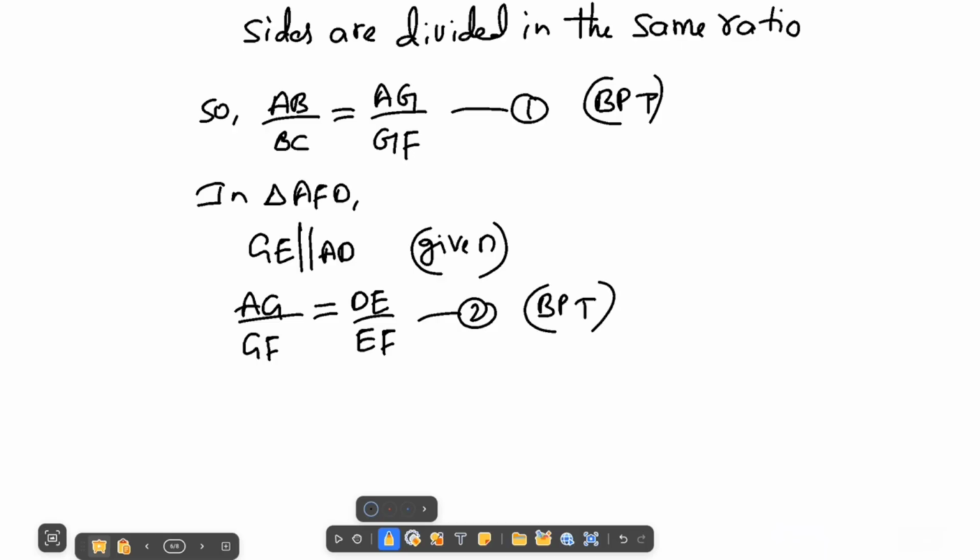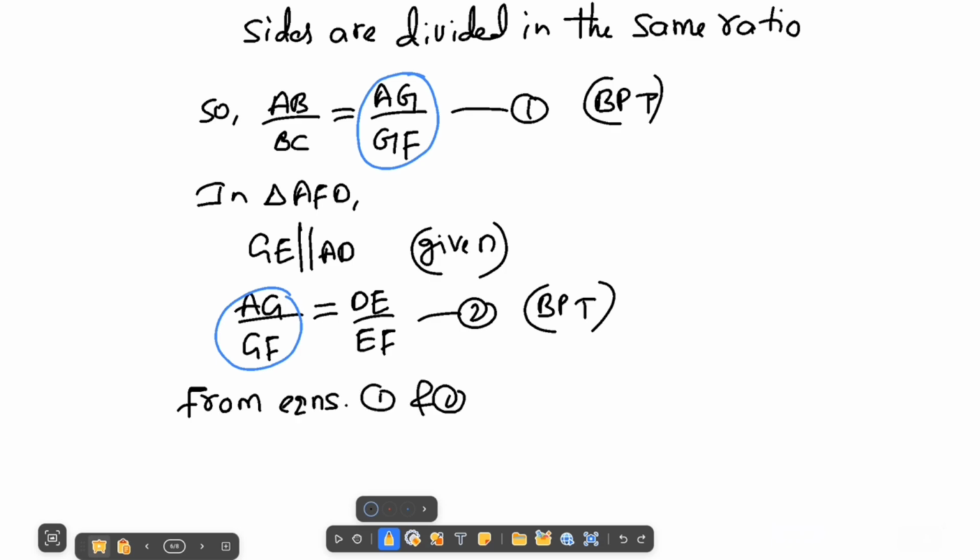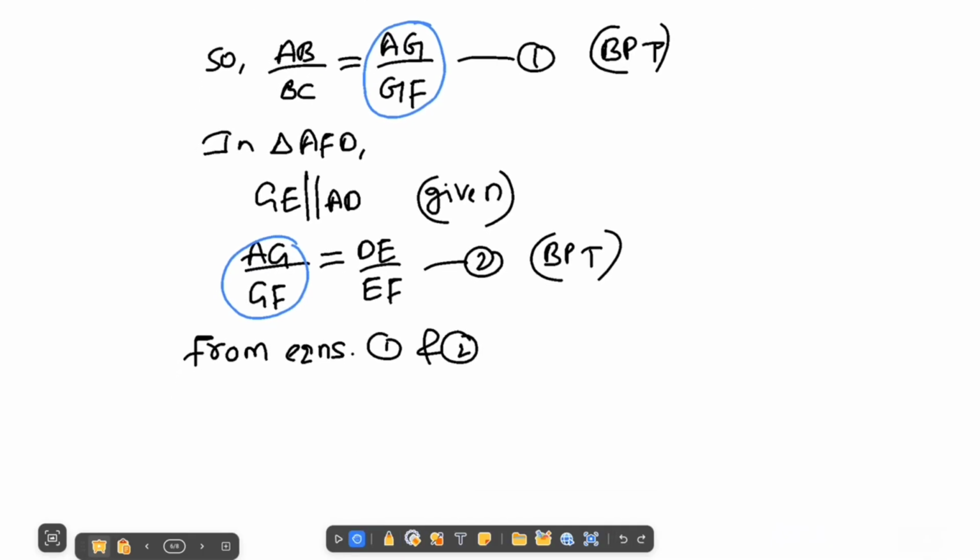So if you observe equations 1 and 2, what is it equal? In equation 1 it is equal to AG by GF. In equation 2 also it is equal to AG by GF. When these are equal, so we can write like this from equations 1 and 2. So these two will be equal.